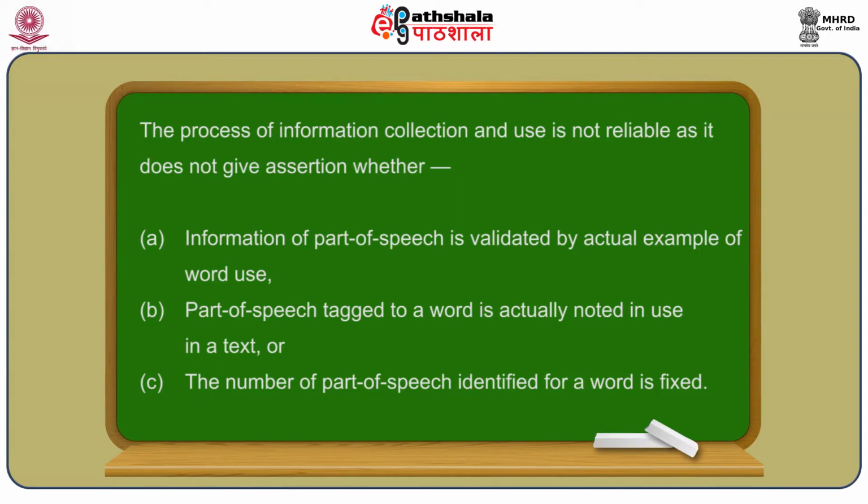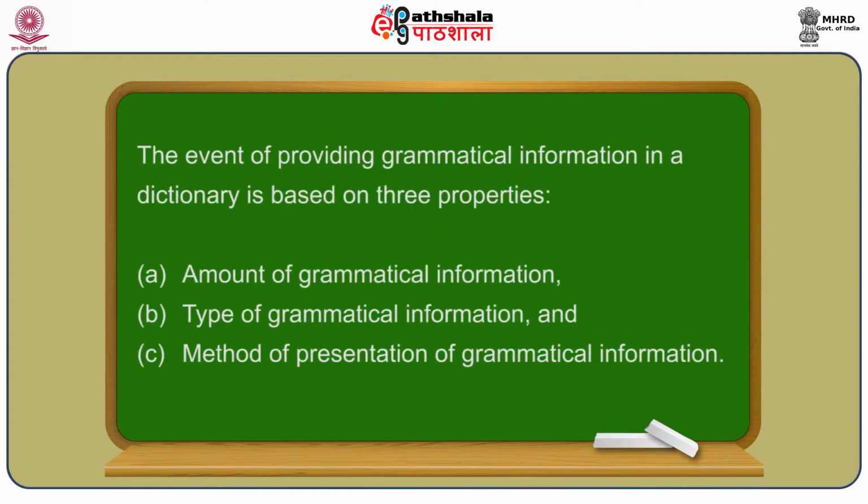Then come the grammatical rules. Normally the standard dictionaries provide a very small amount of grammatical rules because they are very readily available. But with reference to the corpus, we can get a lot of information about it. Amount of grammatical information, type of grammatical information, and method of presentation of grammatical information are the 3 important points while we are presenting this.